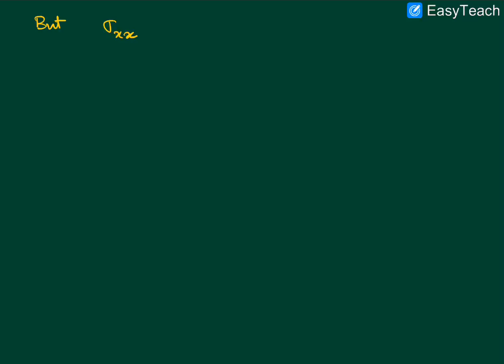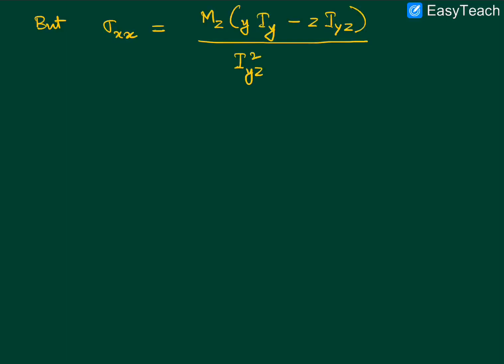We already know this. The sigma xx will be mz (iy y minus iyz z) divided by (iyz square minus iy iz).